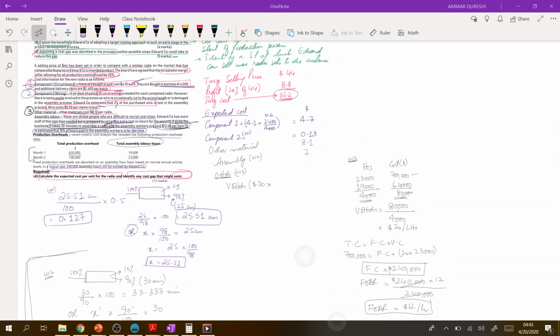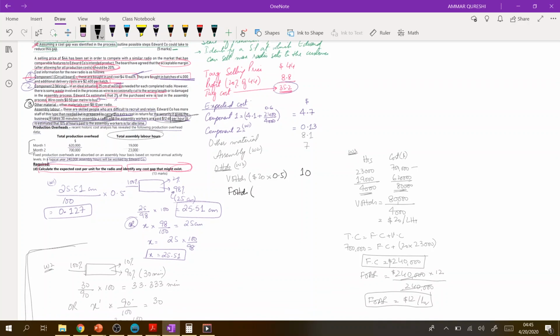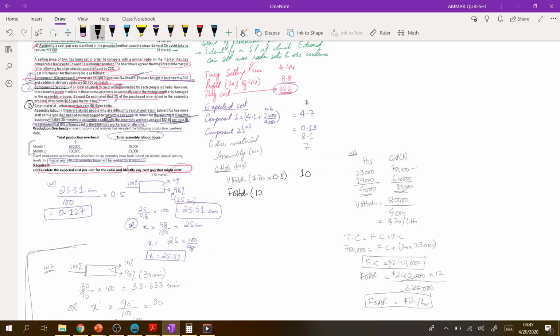So 20 multiplied by 0.5 makes 10, and fixed overhead is 12 per hour. So 12 multiplied by 0.5 makes 6, right? So this is basically the expected cost of the product.